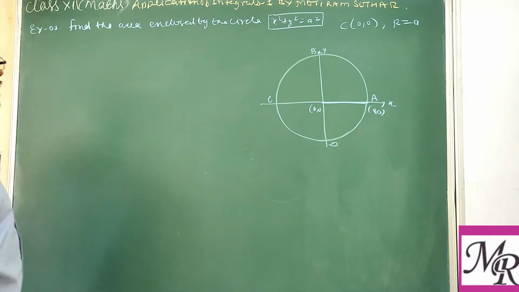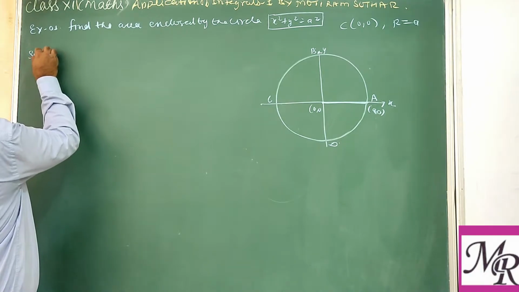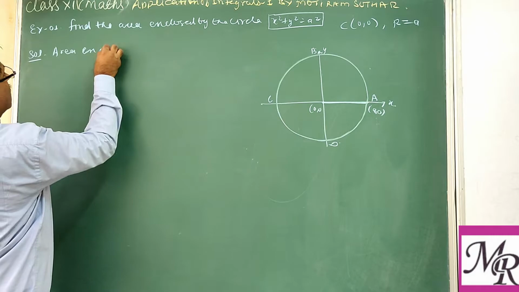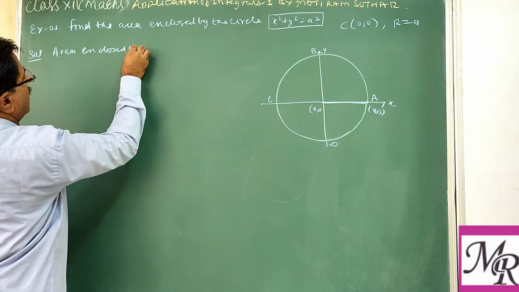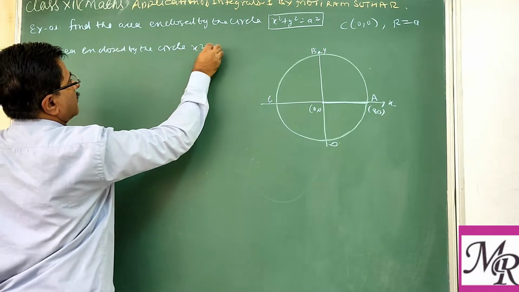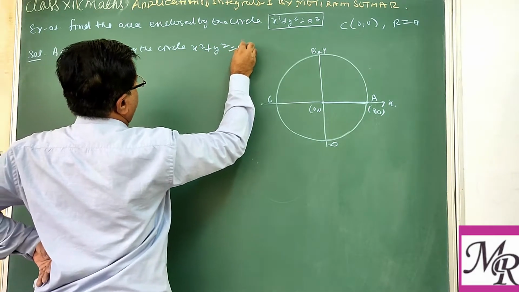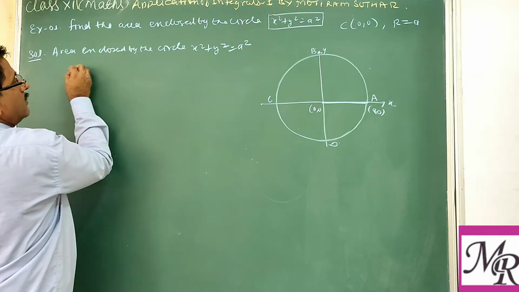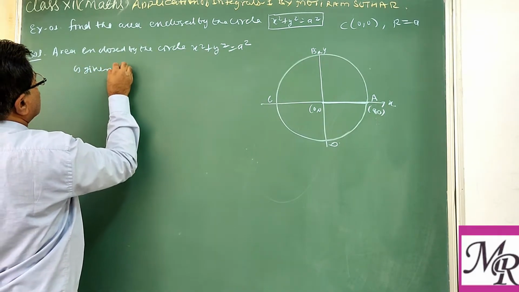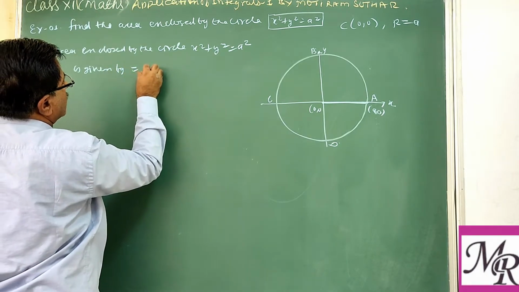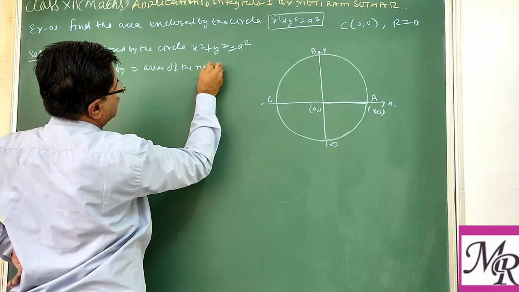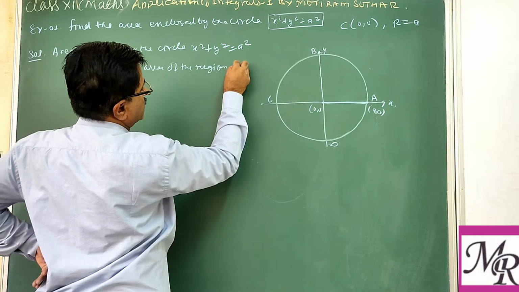So our required area, in the solution we may write: the area enclosed by the circle x square plus y square equal to a square is given by the area of the region. Which region?